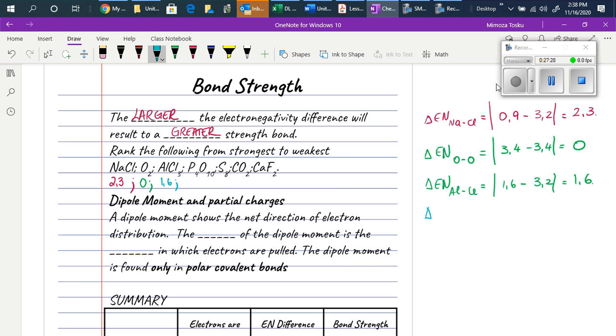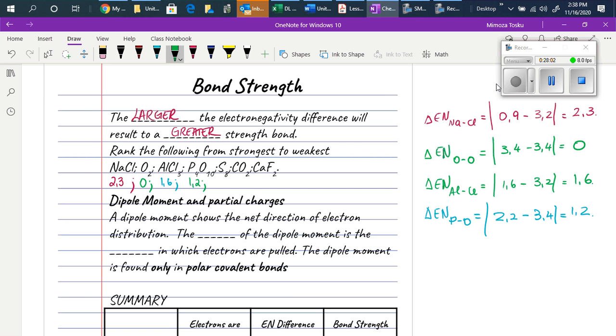The electronegativity difference between phosphorus and oxygen: oxygen is 3.4 minus phosphorus at 2.2, so this will be 1.2. And then we have sulfur, with 8 atoms of sulfur in this case.